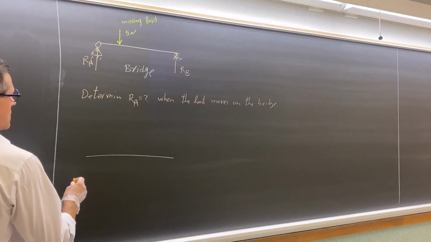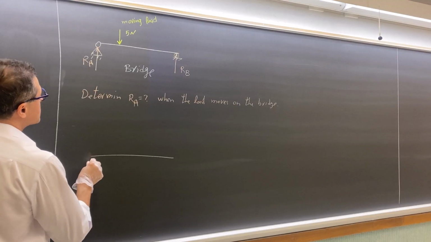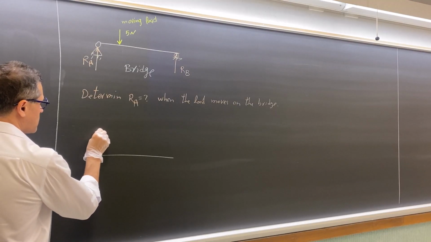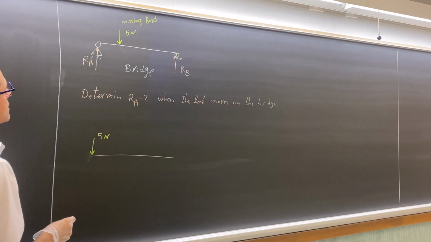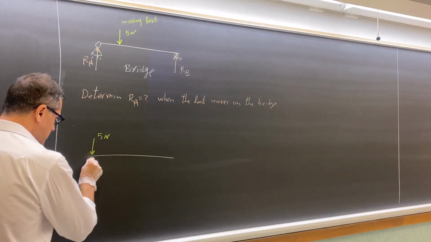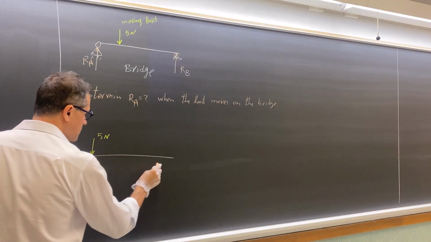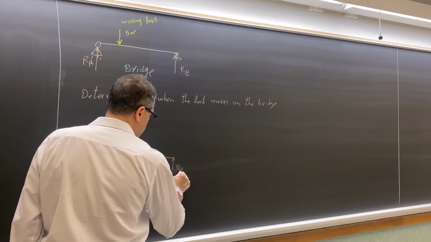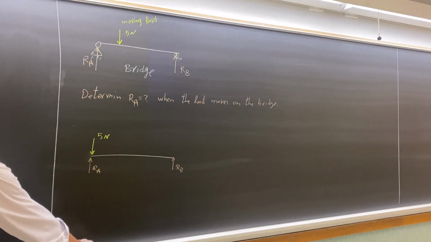Consider the moving load is right on the axis of the support reaction. So we have the moving load here, we have the support reaction here, we have support reaction here. How much is RA in this case?